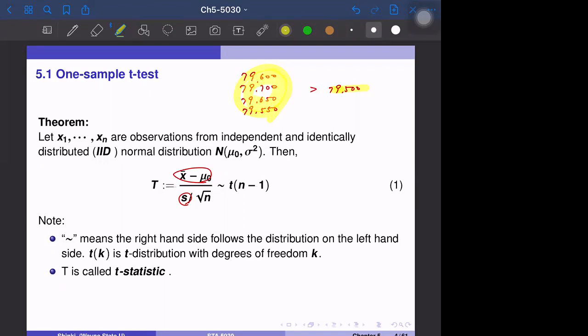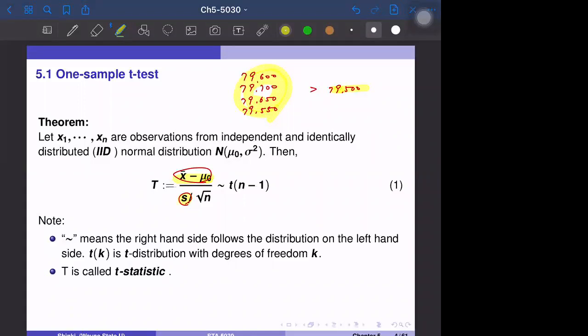So it has to be considered, accounted for, to see if we should reject H naught. So this is the important statistic: the deviation between the sample mean and the hypothesis divided by the standard deviation.